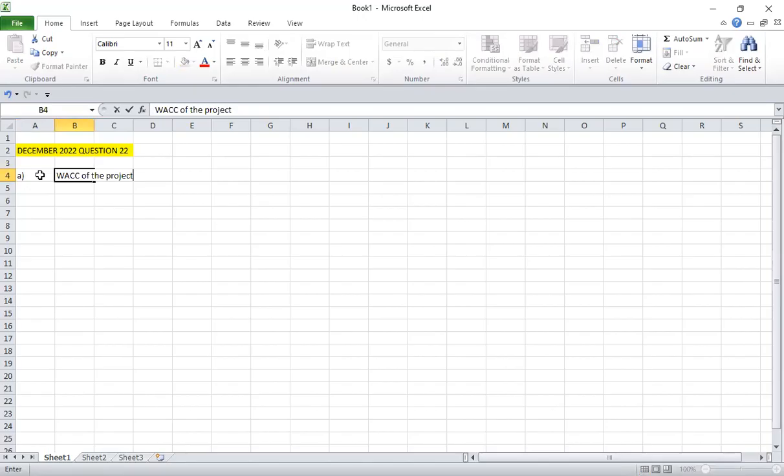Let me first know whether any of you has an idea of how we compute the weighted average cost of capital for a project. Who has an idea?